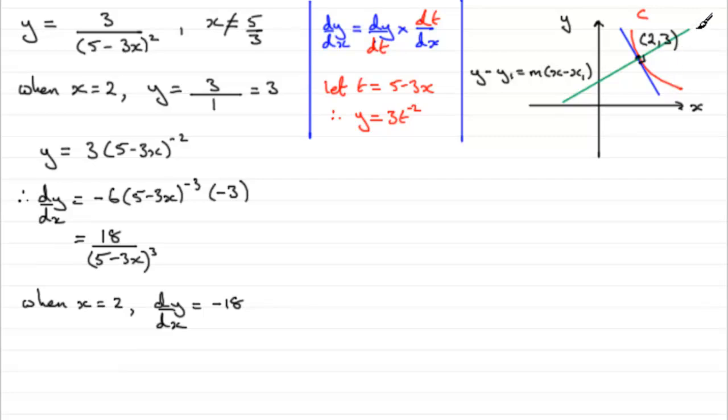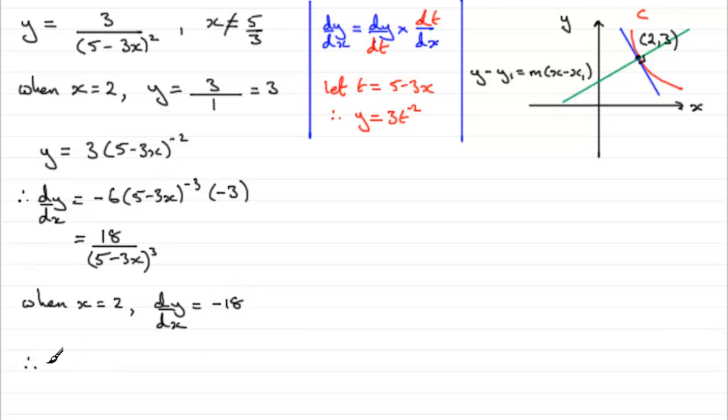We want though the gradient of the normal, the m value in here. And you should remember that the gradients are related. If you multiply the gradients of two perpendicular lines, it comes to minus 1.